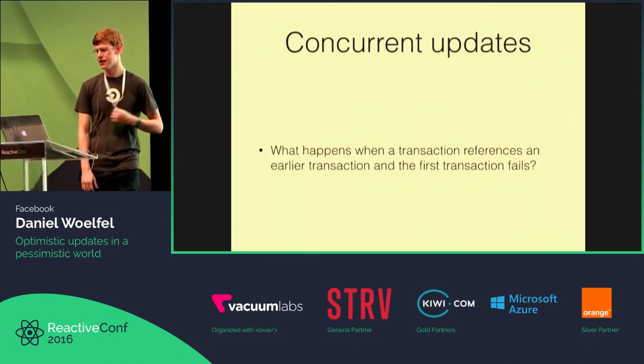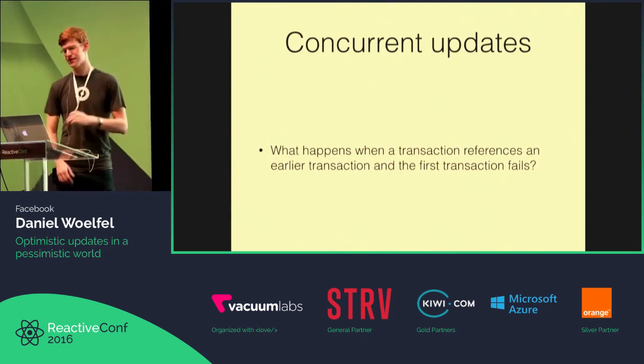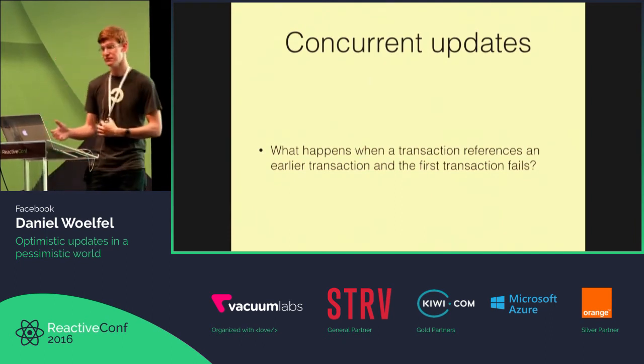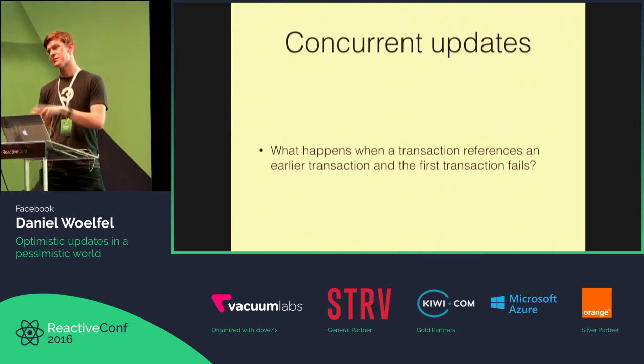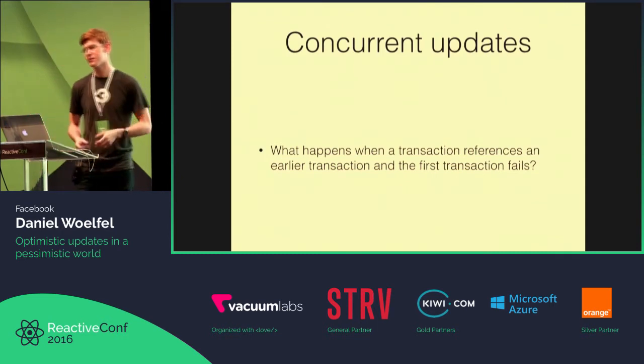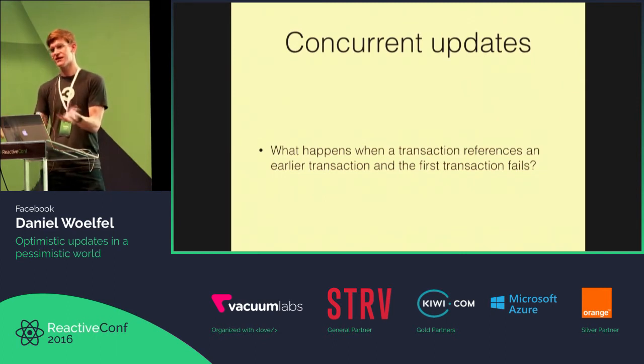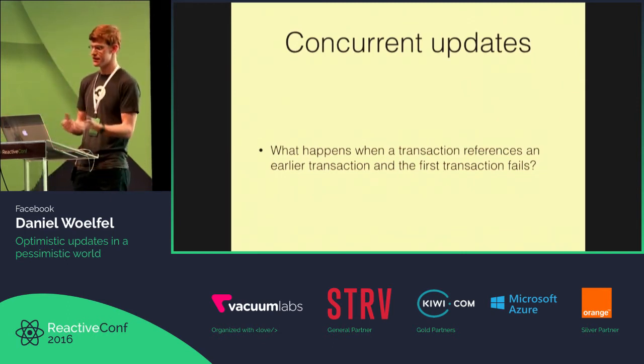Okay, and then the last is concurrent updates. If you have two updates that have dependent transactions, like one update relies on the other, and you send them both off and they both get to the server in parallel, maybe the first one fails, how does the second one know when he needs to update?